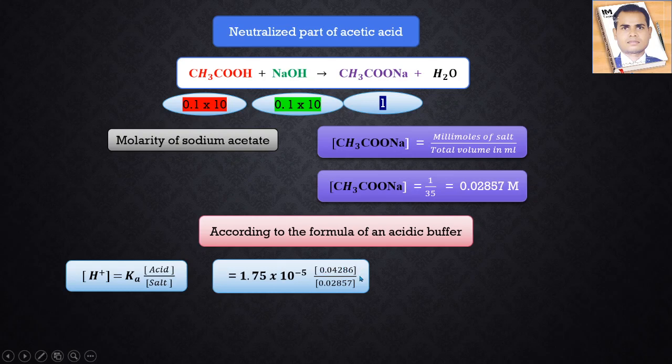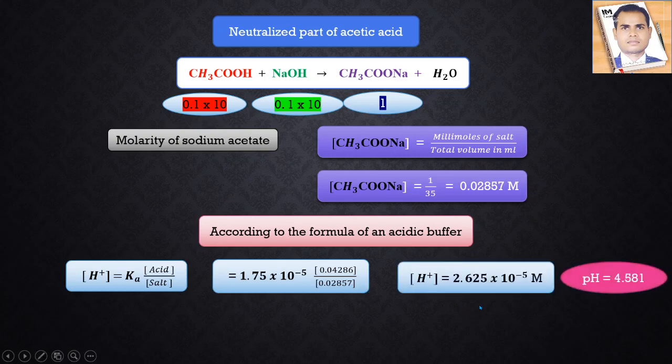You will take this value, 0.04286, divided by the concentration of salt, which we take from here, 0.02857. And after the calculation you will see the pH will be 4.581. So in this way we calculate the pH when unreacted acetic acid has reacted with the base. That we have seen.